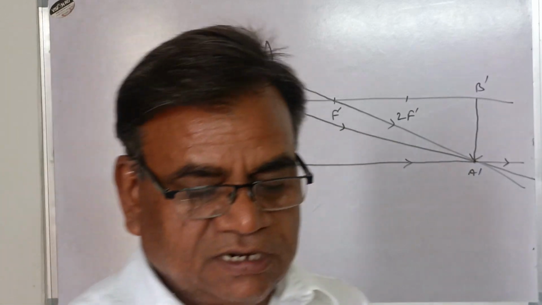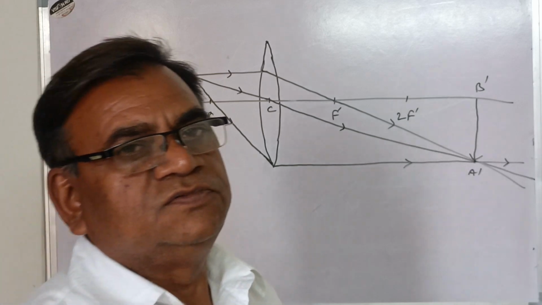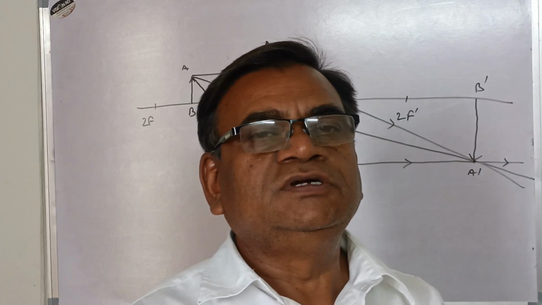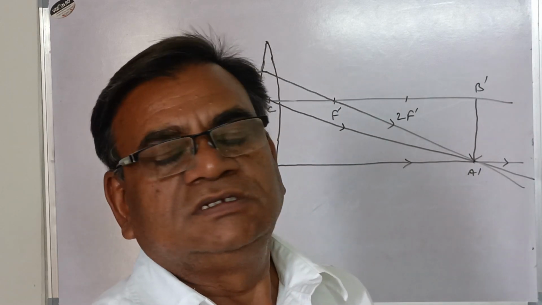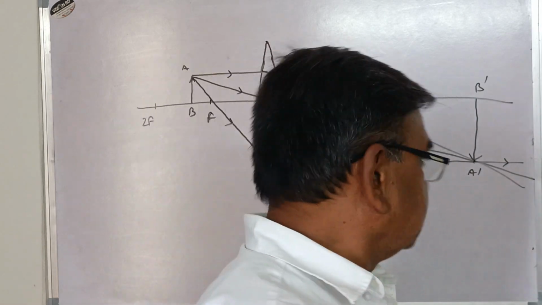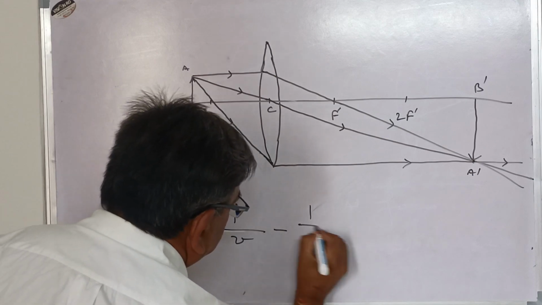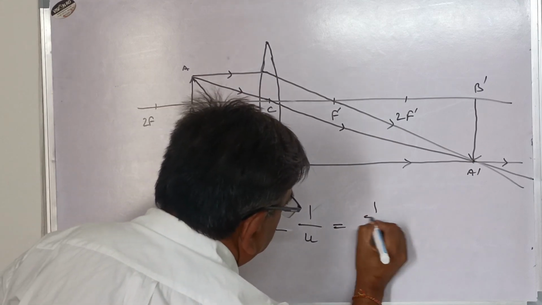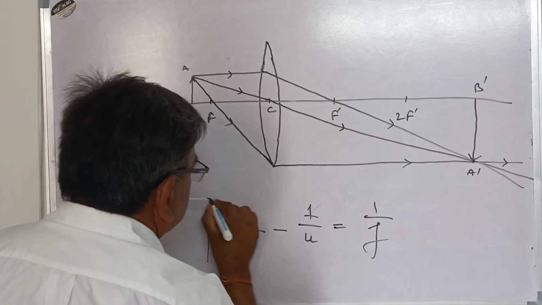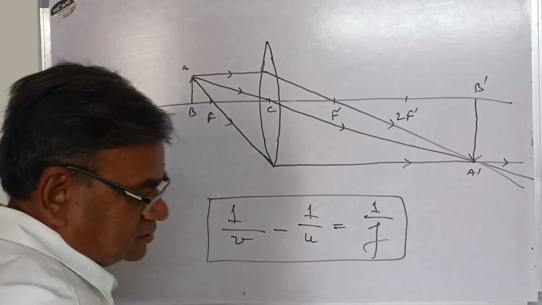I will discuss the relation between V, U and F. V is the distance of the image from the lens, U is the distance of the object from the lens, and F is the focal length. We will discuss 1 by V minus 1 by U is equal to 1 by F. This is the formula. We will take it in our next class. Okay.